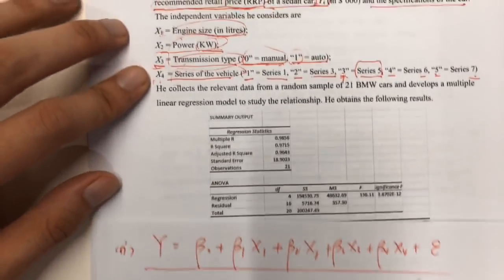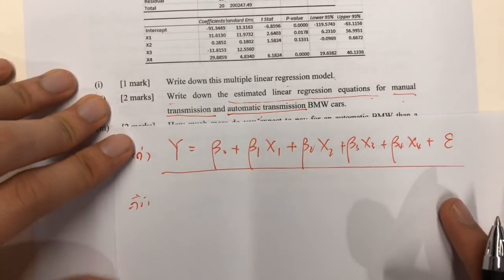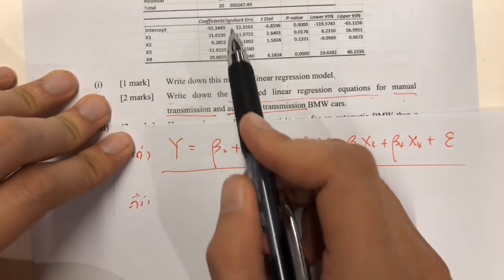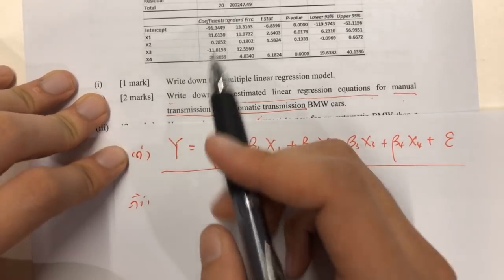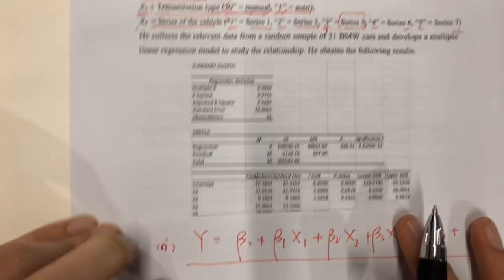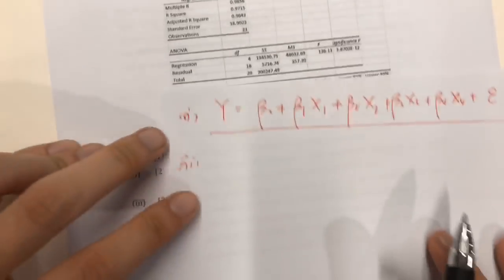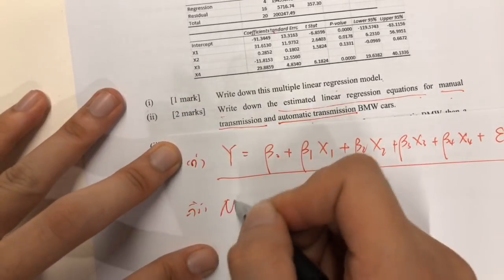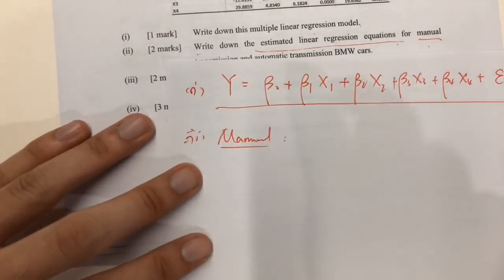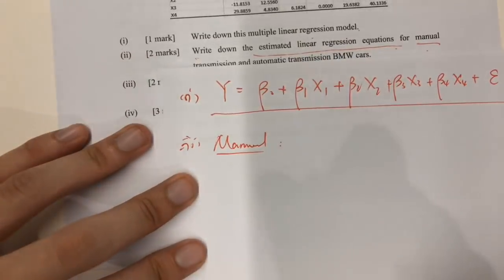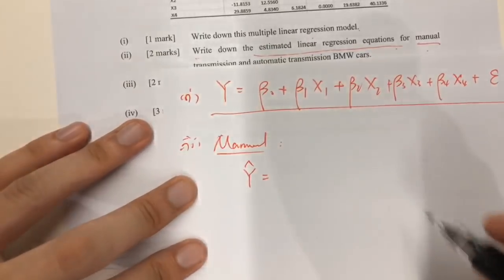Okay, so what we can do here is to just write down the estimated linear regression equations, which we need to use the data over here, right? The coefficients on those independent variables. Now, let's suppose transmission type equals 0, which is manual first, okay? So for manual transmission, it's going to be what? For manual ones, it's y hat equals what?